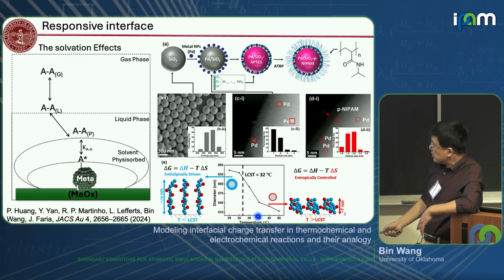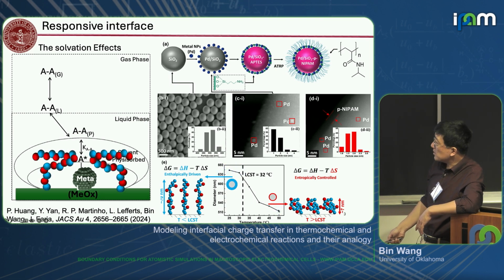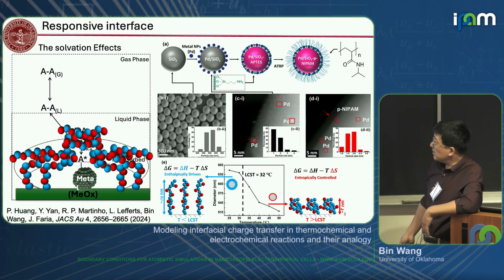When you increase the temperature, the polymer will collapse. The polymers in this case want to interact with each other, and they will collapse into a condensed layer on the surface. So now the idea is if we can measure kinetics within these two different regimes, when the polymer is swollen in the water or when the polymer collapses, and see how the kinetics change.